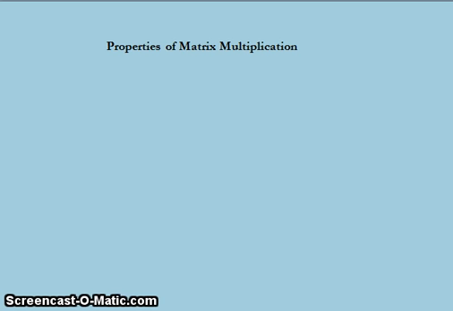For this we are going to suppose three suitable matrices as A, B and C. Then according to this property, the multiplication of A by the matrix obtained by the sum of B and C is equal to the matrix obtained by the addition of AB and AC.